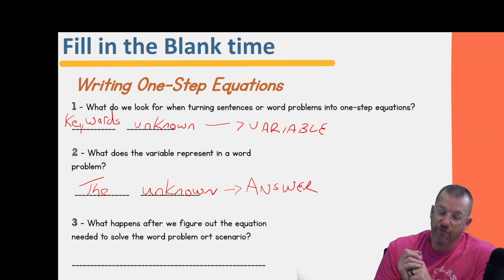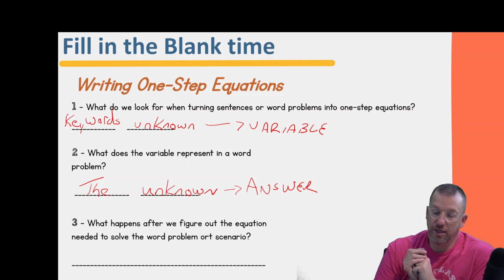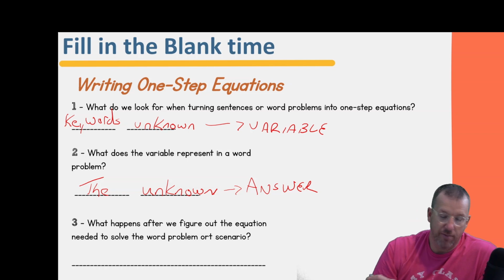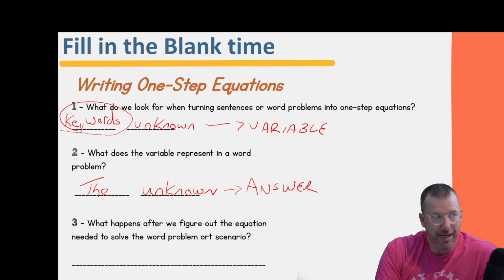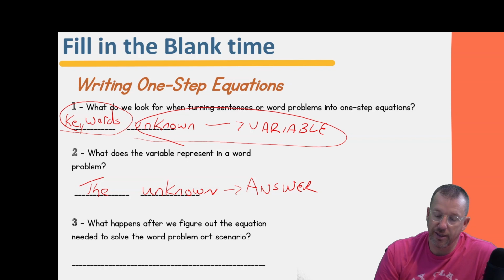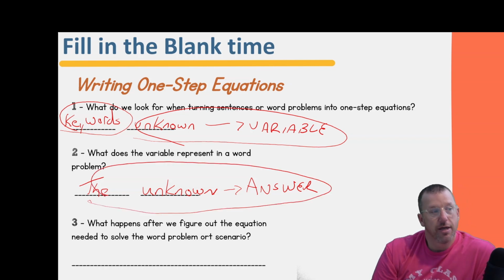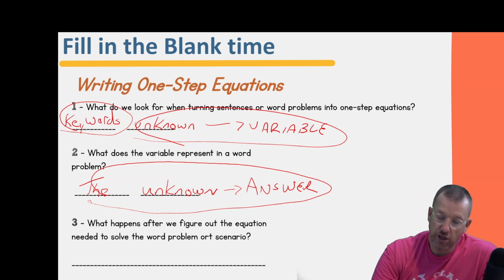What happens after we figure out the equation needed to solve the word problem or scenario? After we read our problem or real world situation, and we listen for our keywords and figure out that what we're going to do is add or subtract or whatever it needs to be, and we set up our equation by knowing what the variable is, and we know that if we can solve that variable, we're going to get our answer. What happens after that? Well, you solve it.